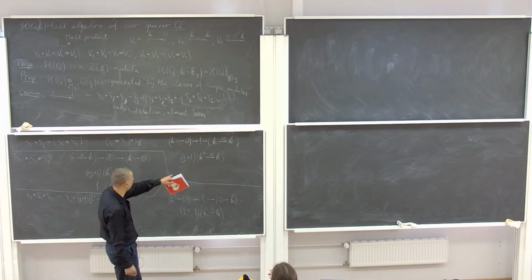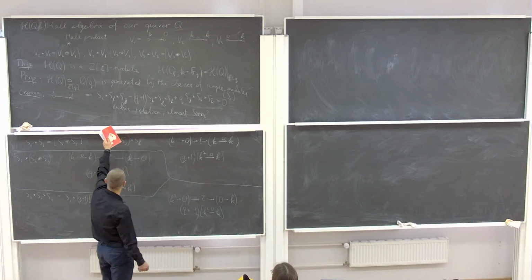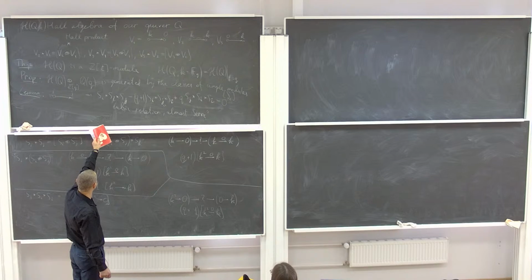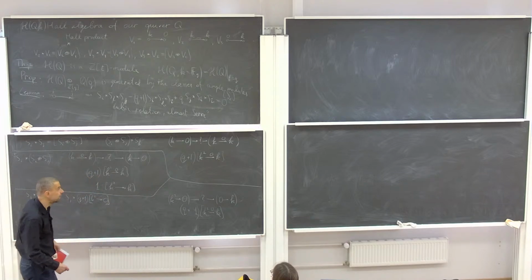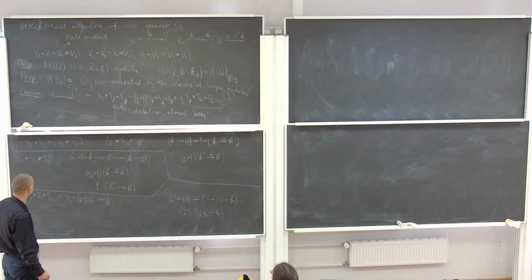The coefficient of this module is q plus 1 from the first. Oops, no, it's the second. Si times Sj.